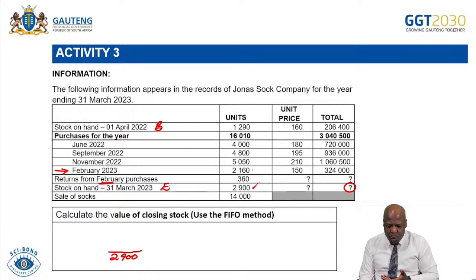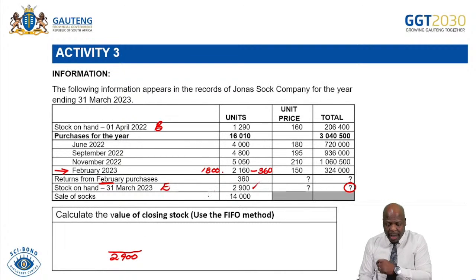How many units were there? 2,160. How many were returned? 360 were returned. So I'll say 2,160 minus 360. How many do I have left? I'm going to have 1,800. So here I'll be left with 1,800 units.